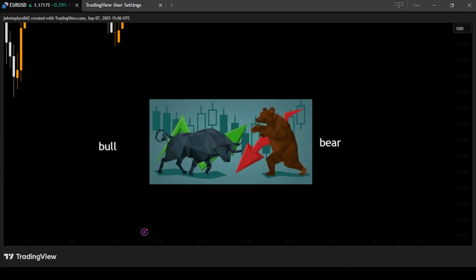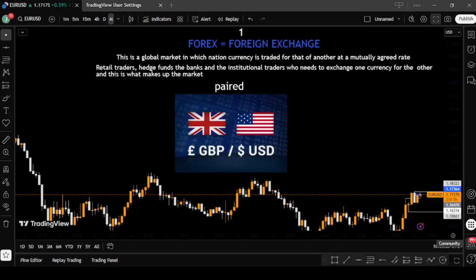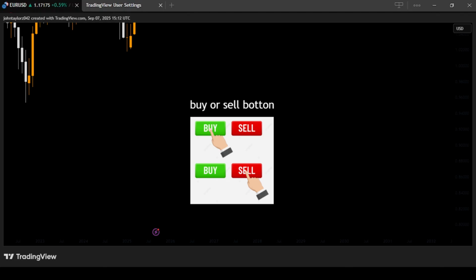So we are moving on. You may ask, how do we buy and sell? This is simple. You buy and sell on your brokerage account. Your broker takes your order and places it in the market.